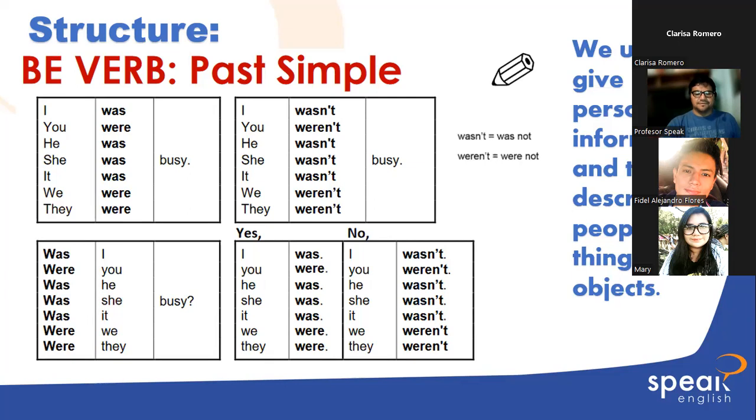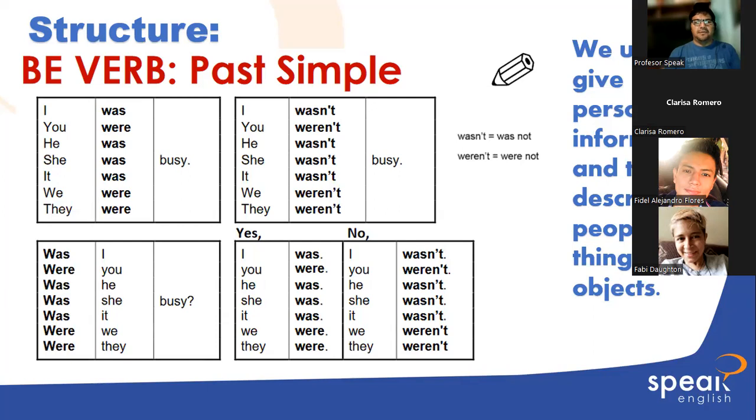Yes, they were. Or no, they weren't. Okay, very good. Thank you. Also, remember, we can say was not, or we can use the contraction wasn't. Also, were not, and the contraction weren't. That's how we can also say it.